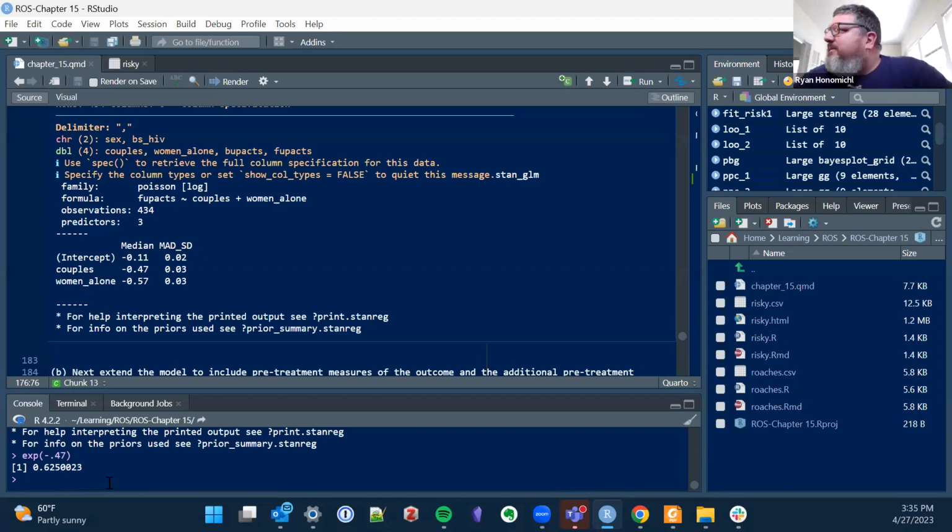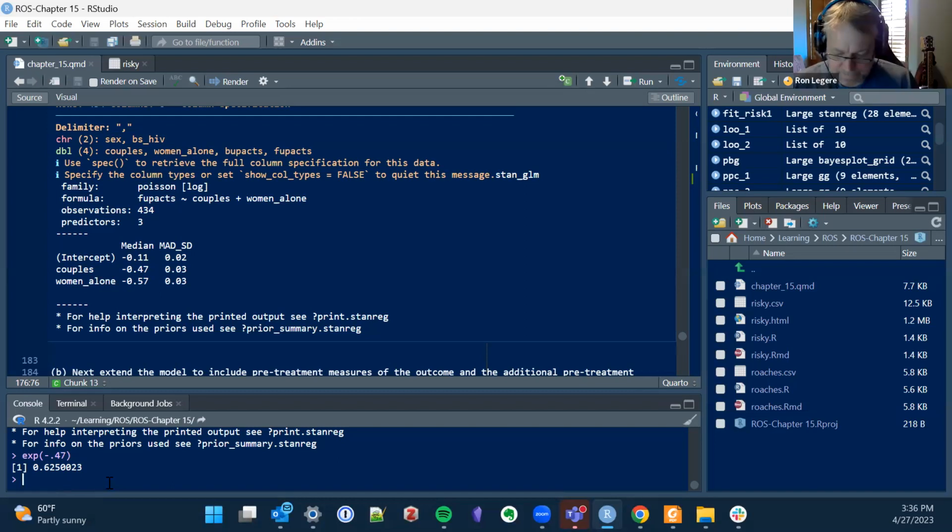I believe that's when we exponentiate it, and we have the offset in place. So the coefficient should be the expected difference in y on the logarithmic scale for an additional unit of whatever that is. In this case, it's just an indicator, so having had it or not. I think I'm doing that right.